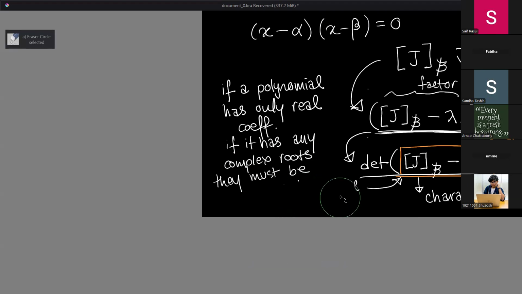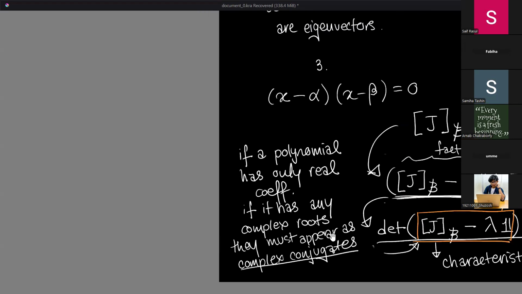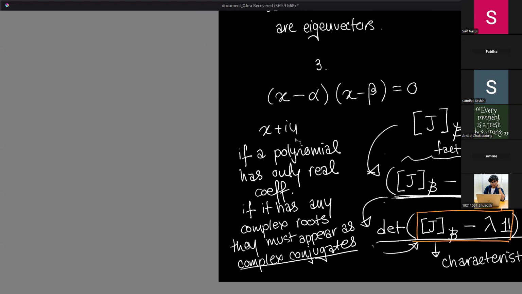I'm going to erase this just for some space. What I mean is that if a plus ib is a root, then a minus ib also has to be a root.